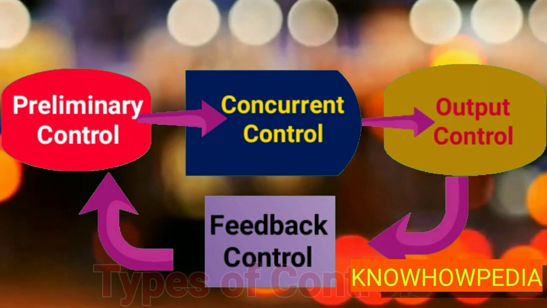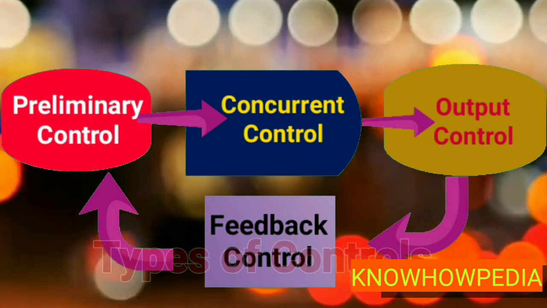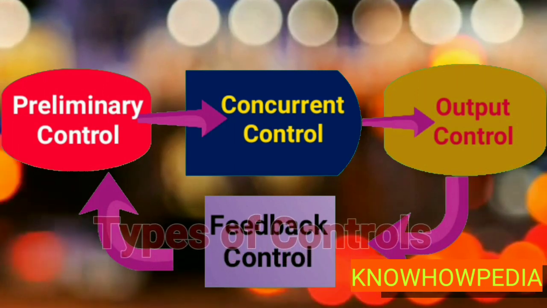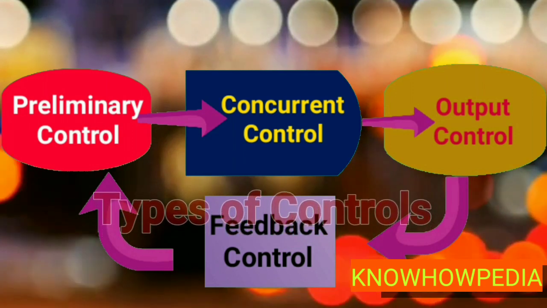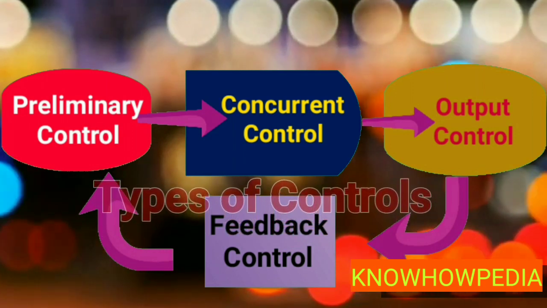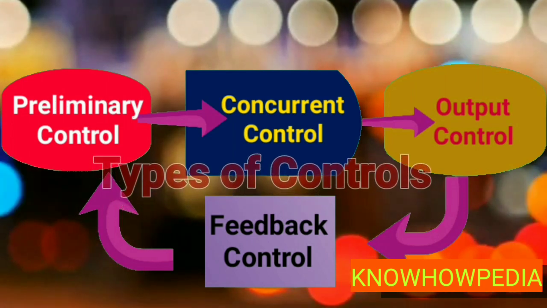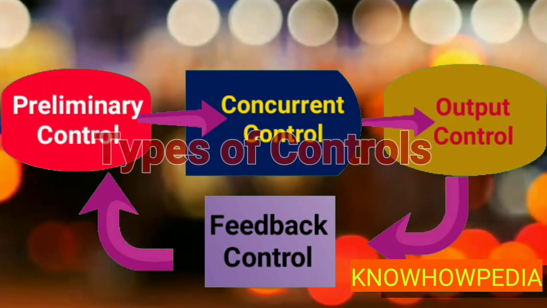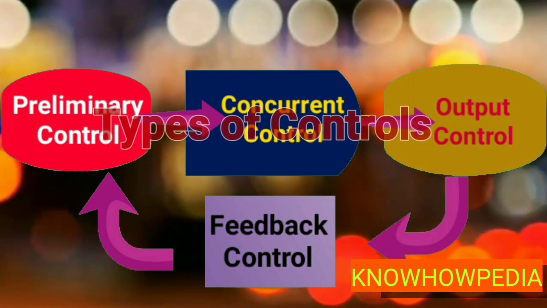Preliminary control is a control which is established before the process starts. It is the initial checks or initial standards set to see whether these mechanisms will help us to achieve the objectives or not. Preliminary control is also called input control. What are the inputs we are giving?